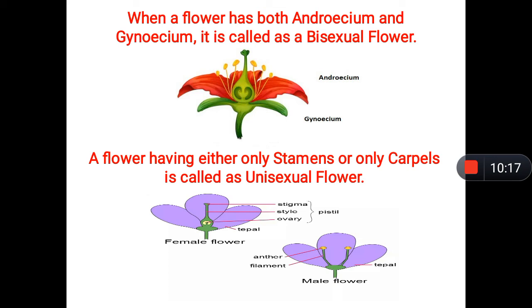Whereas the other flower shows the presence of androecium, but gynoecium is absent, and that is called the male flower, unisexual of course. So these are the two pictures showing how unisexual flowers look. So this is about flowers being unisexual or bisexual.